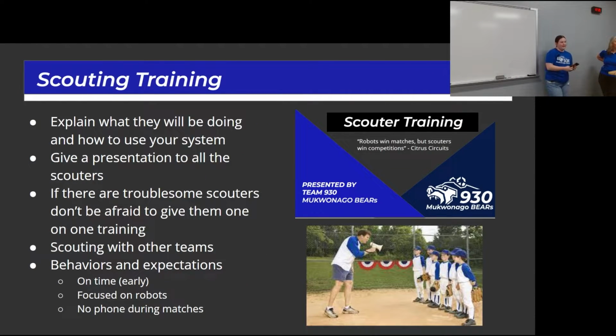Do you have any way to confirm that they actually do scouting training? It's mostly just trust. We have a conversation with them through email or we'll call them and say, hey, we need you to do this if you want your data. And we can obviously tell if they get to competition and their scouters have no idea what they're doing. But you kind of just have to trust what they're doing.